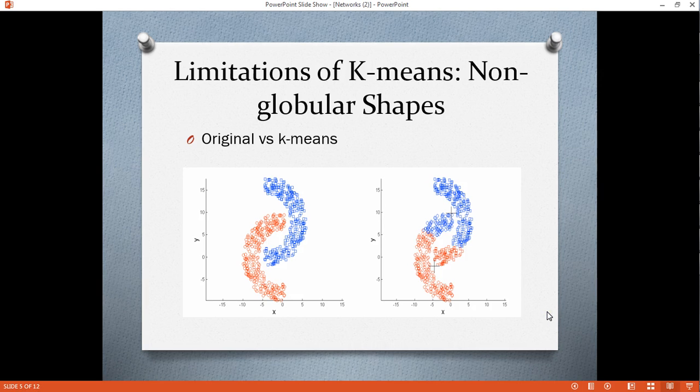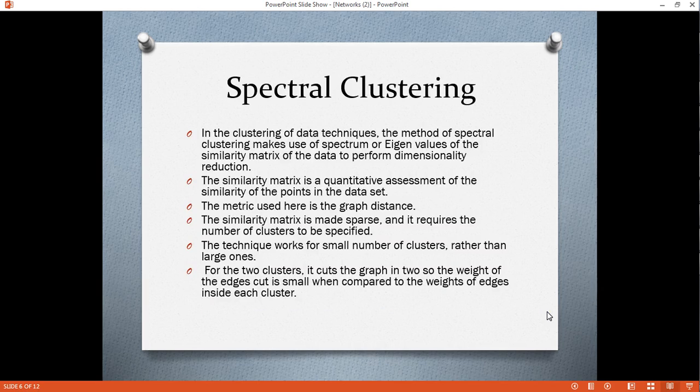Spectral clustering is another form of clustering. It is a data technique that makes use of the spectrum, or eigenvalues, of the similarity matrix of the given data to perform dimensionality reduction.